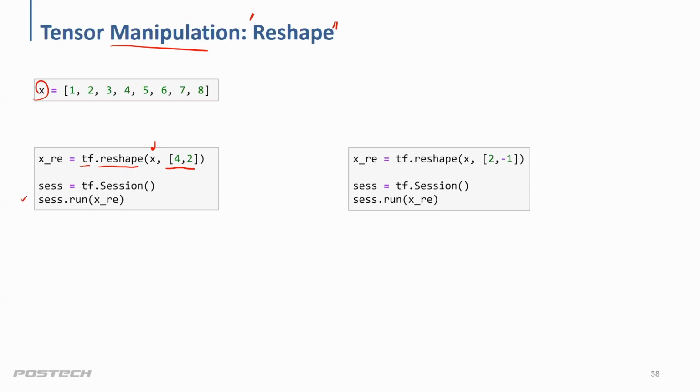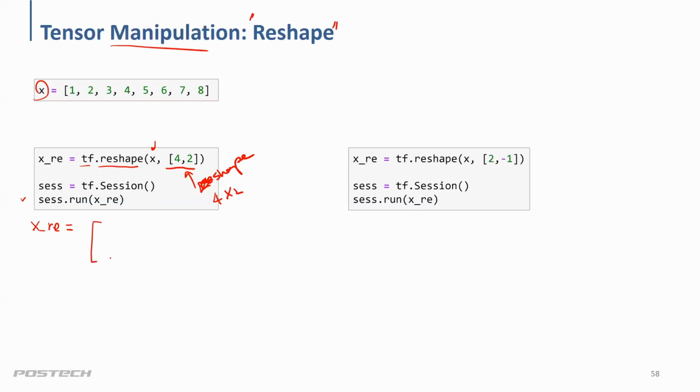I'm going to reshape it, and what will be the reshaped x? The hint is this is the shape that I want. So it's a 4 by 2.